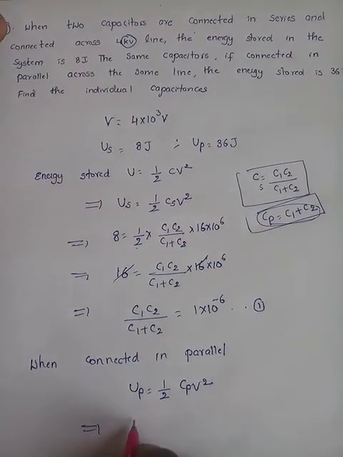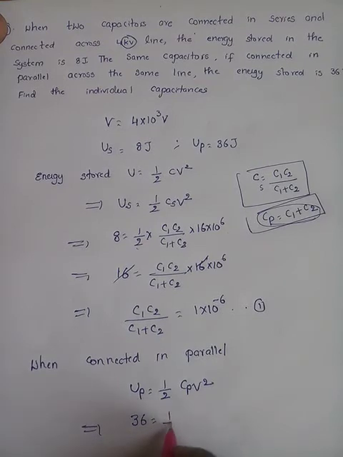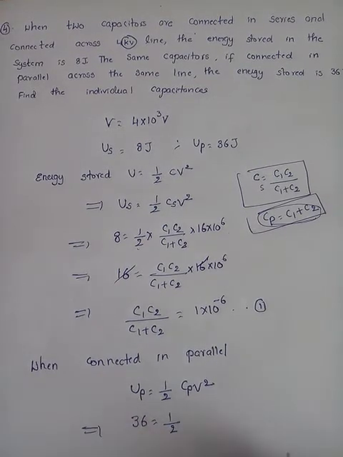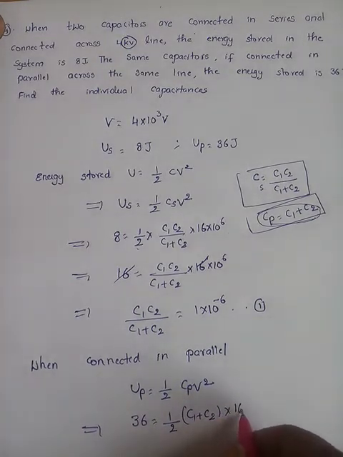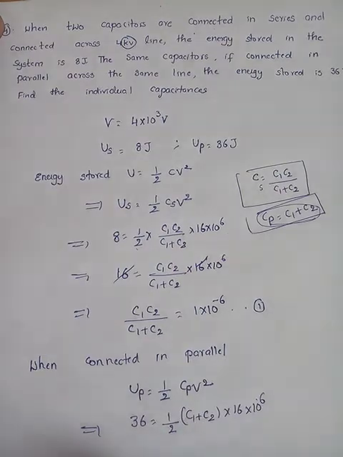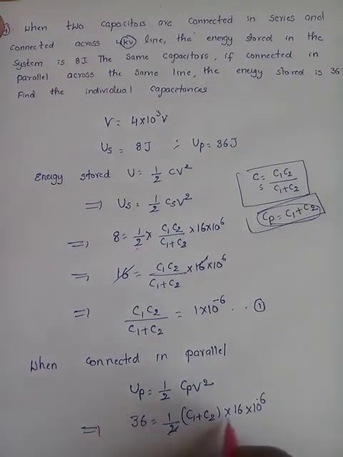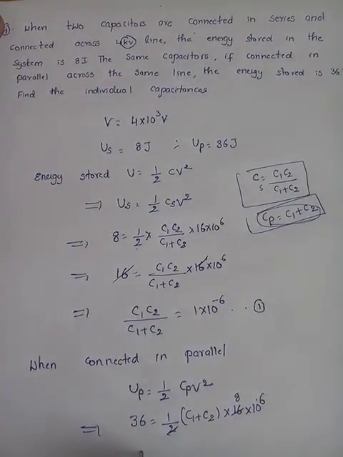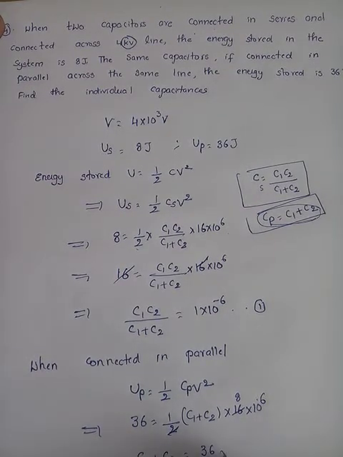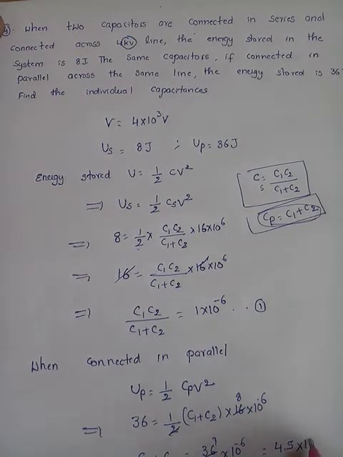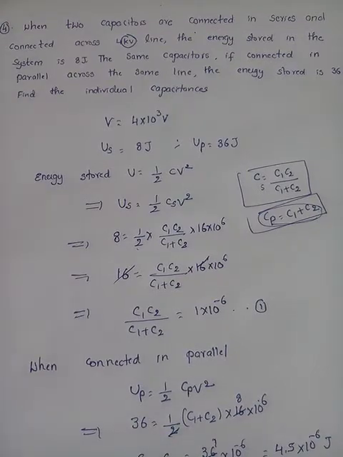That implies 36 equals half into C1 plus C2 into 16 into 10 power 6. So C1 plus C2 is equal to 36 by 8 into 10 raised to minus 6. That implies 4.5 into 10 raised to minus 6.